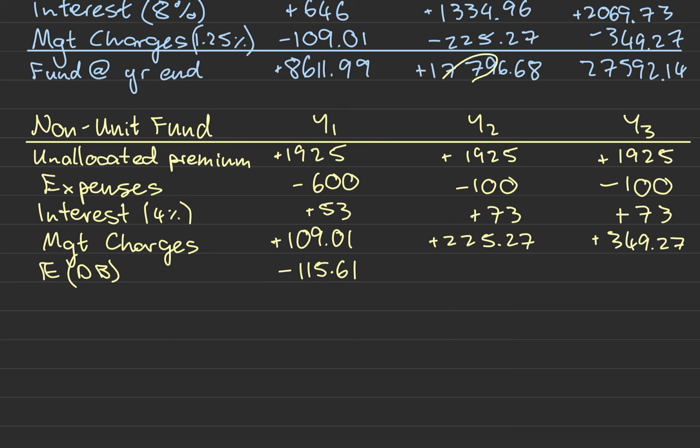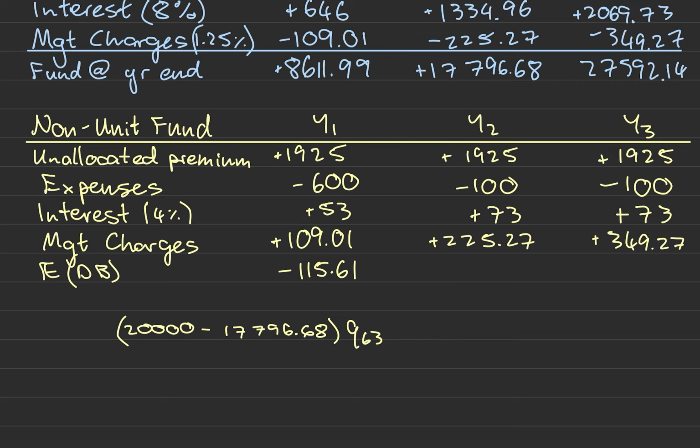I'll pay him all of these units, but then I must also pay in this extra amount. So I take the 20,000 minus 17,796.68, and I multiply this by q63. Why q63? Because now at the start of year 2, he's aged 63, not 62 anymore. He's aged by a year.